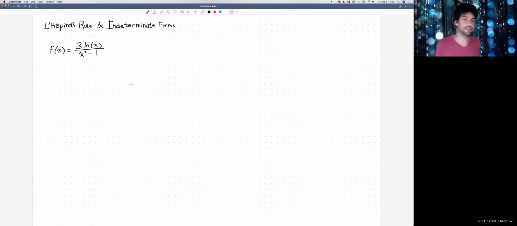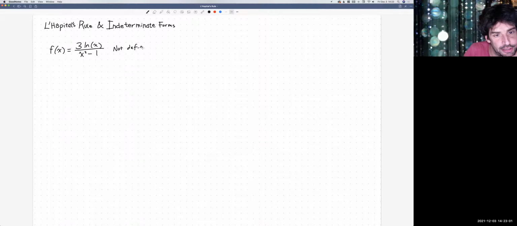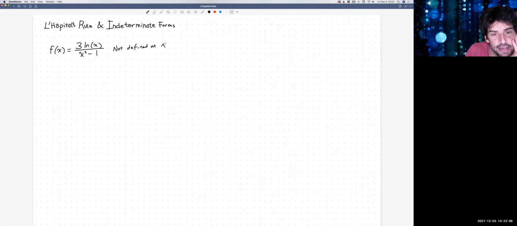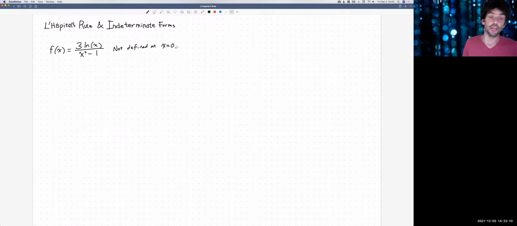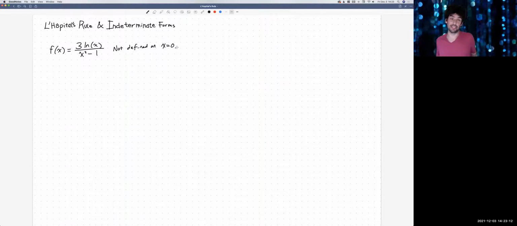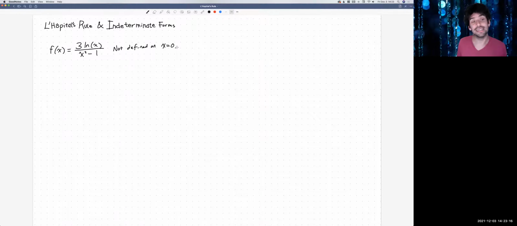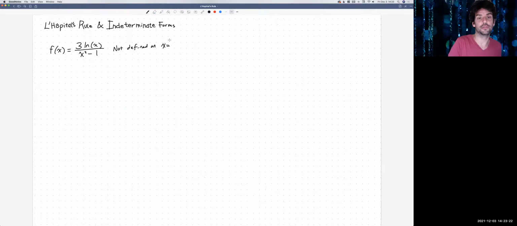Now notice this function is not defined at x equals 1 because we get a 0 in the denominator. So if this function meant something to us, if it described something important to us, we might be interested in what's happening as we get close to x equals 1.